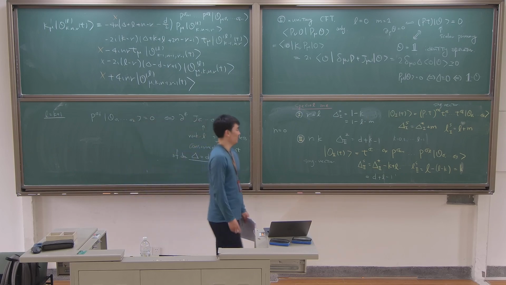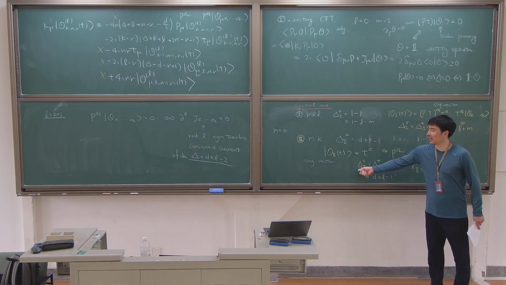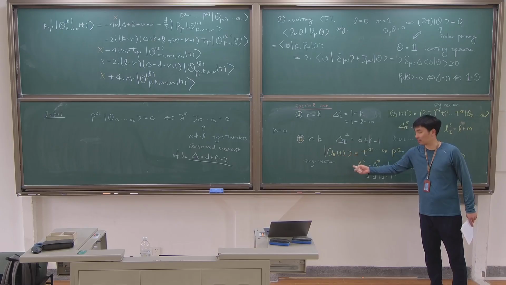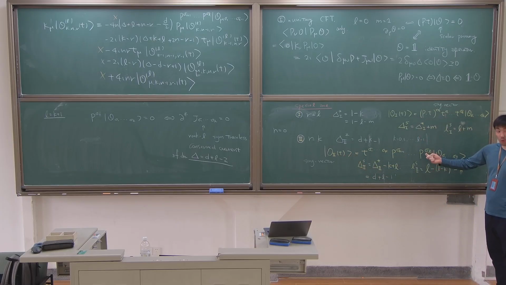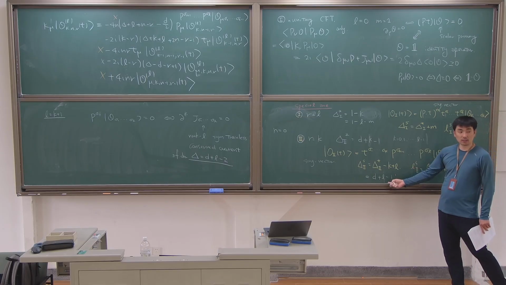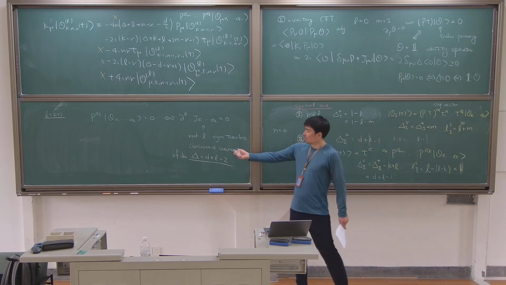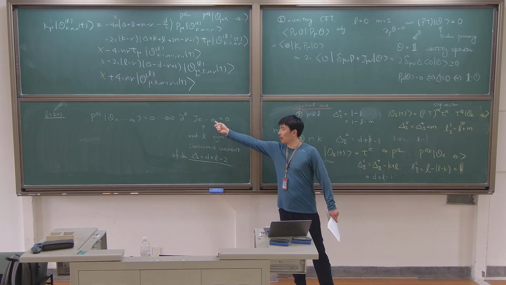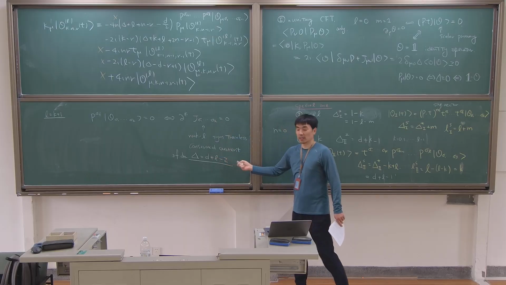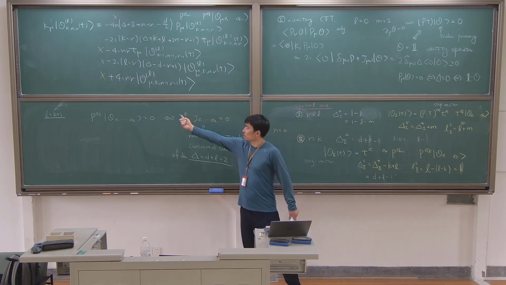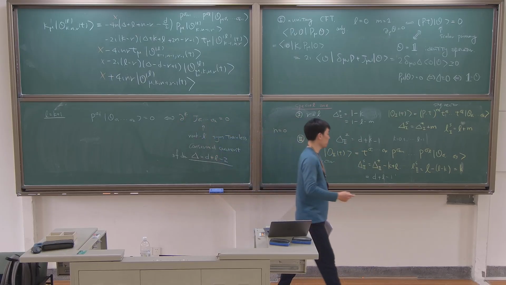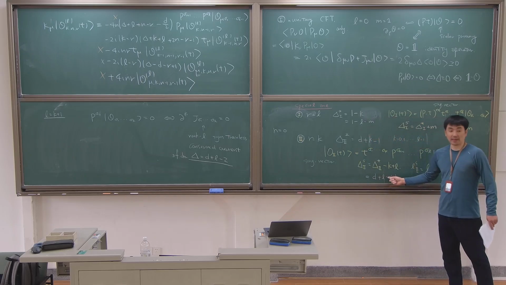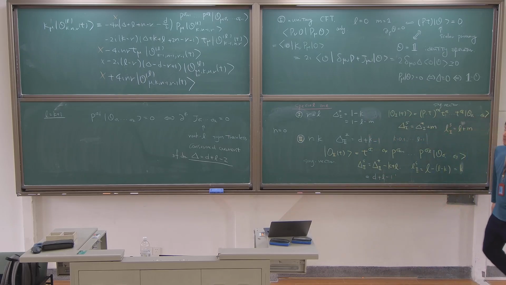And this is the dimension of the descendant or singular vector. Since only one P acts on the primary field, it just increases the dimension by one. Therefore, the primary operator J should have conformal dimension D plus L minus 2, and if P acts on the primary field, the conformal dimension becomes D plus L minus 1. That's what I mean.